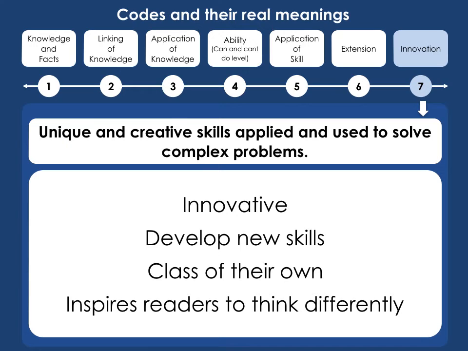One of the most important things about these learners is everything they write and everything they do inspires others to think differently. So if you've got a learner doing an oral, in order for them to get a code 7 or function on a code 7 level, they must have brought in new ideas, things that you hadn't thought of before, and they really get those other learners and yourself to think differently. And that puts them in a class of their own.